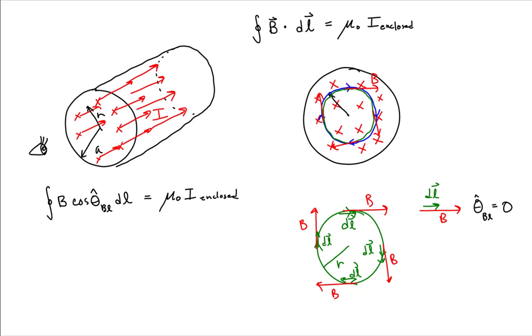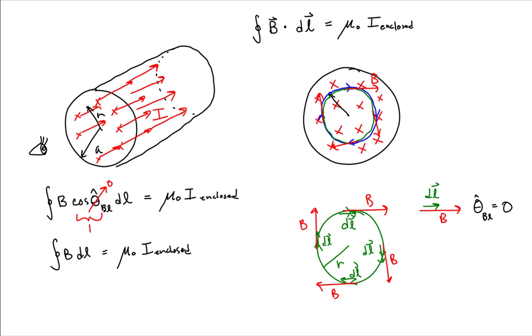Now, since the angle between the magnetic field and our loop element is equal to 0, the cosine of 0 is equal to 1, and this means that we have the integral of B dl, the magnetic field and our segment of loop, equal to mu naught I enclosed.